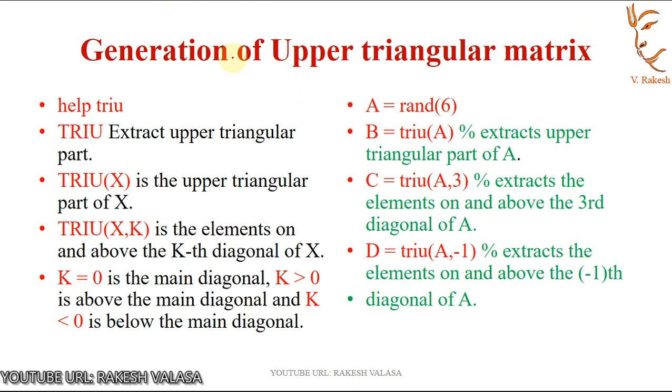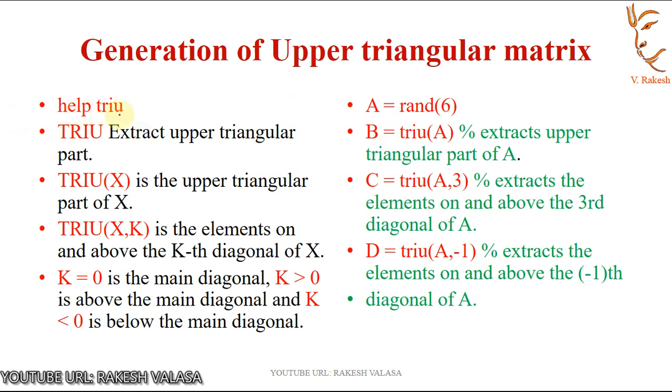Next one is generation of upper triangular matrix. If you want clear details about upper triangular matrix and the syntax for generating this matrix, in the command window type help triu.